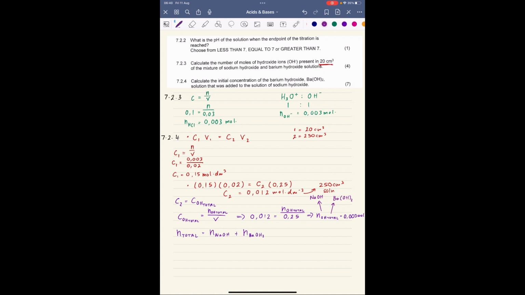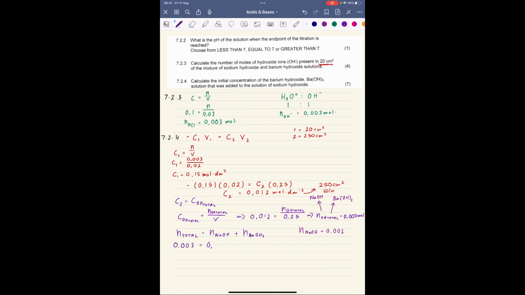We found the moles of NaOH from my previous solution to be 0.02. And so we can use this to solve our question. So the total is, what did we get? Our total is 0.03.